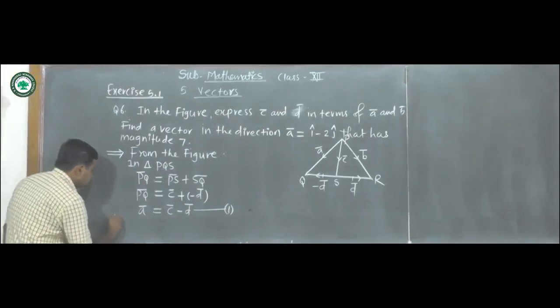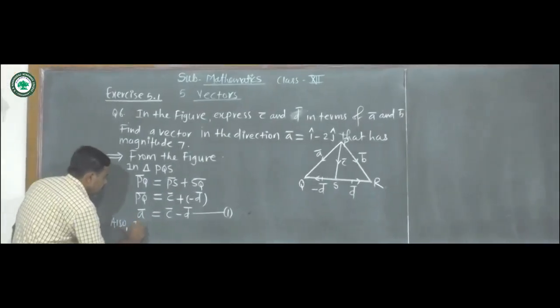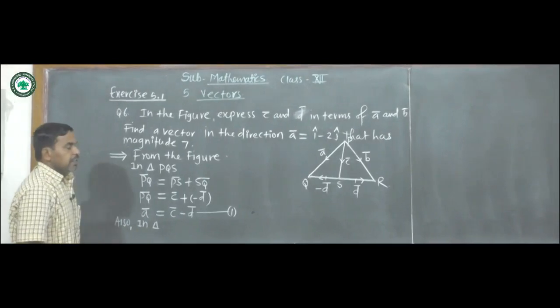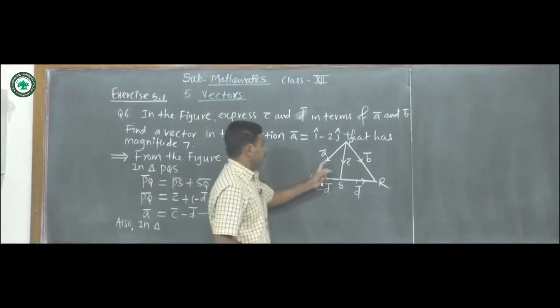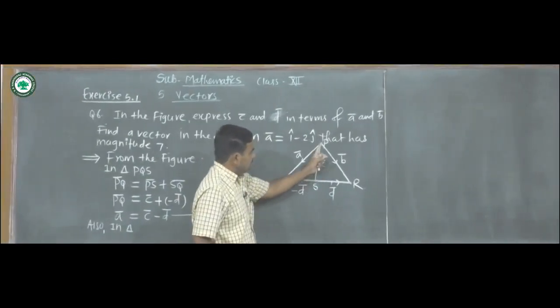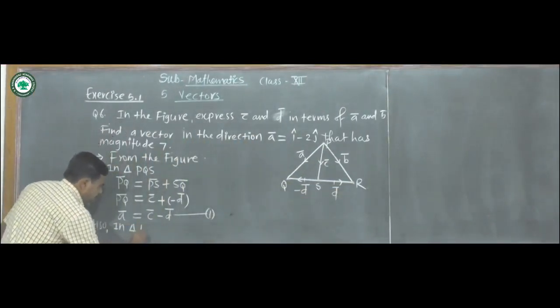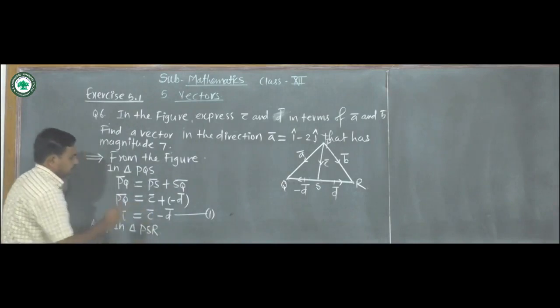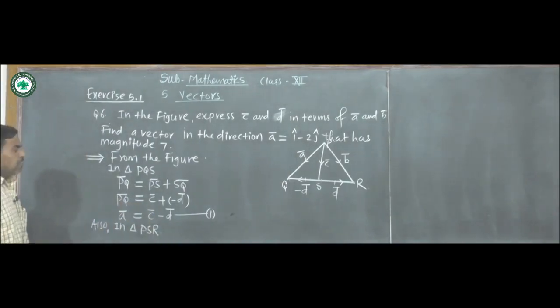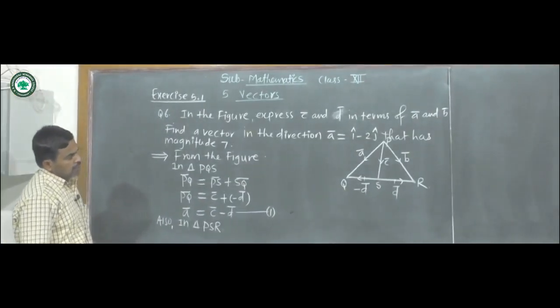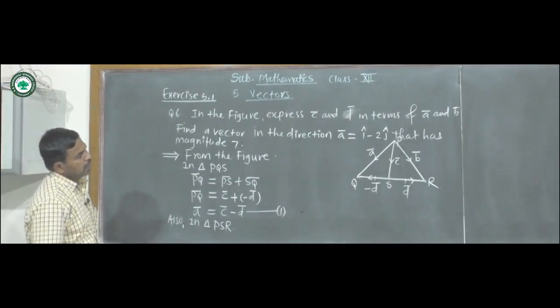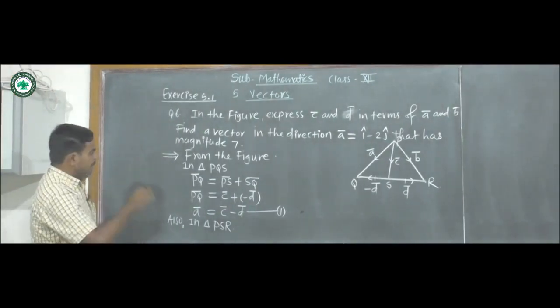Also, the figure contains two triangles, PQS and another triangle PSR. So in triangle PSR, by using triangle law, what is PR bar?